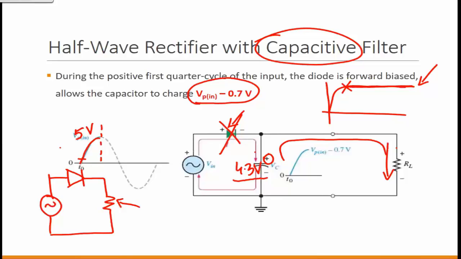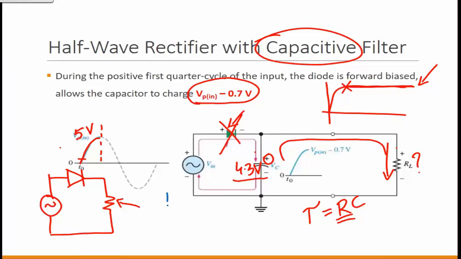But practically, remember this guy right here? What is that? Tau, correct? R times C, which is the time constant, which will tell us how quickly the capacitor charges and discharges. So now we're going to have some value of resistance right here and some value of capacitance. So keeping this charge is not going to happen.